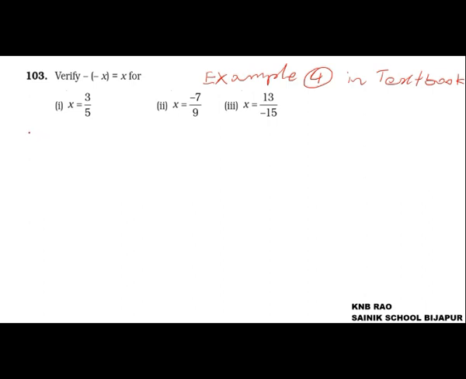Now, while verifying, let us take any one out of it. The choice is ours. So I'll consider the second one. We have x equals minus 7 by 9 given.